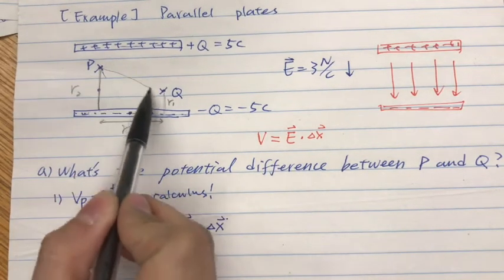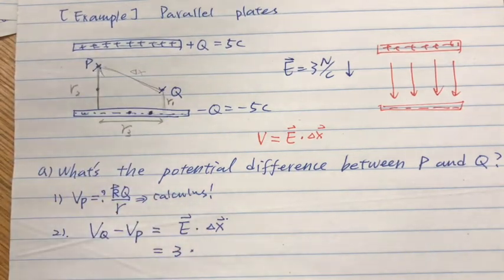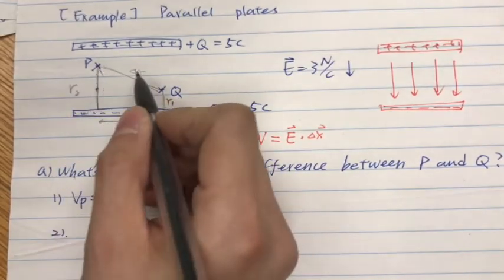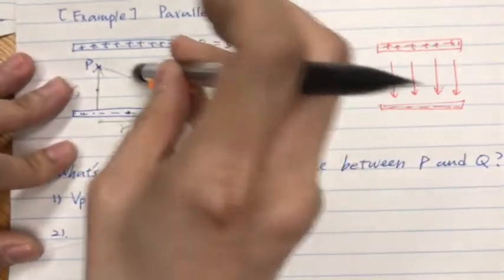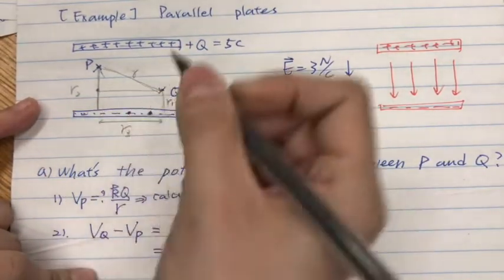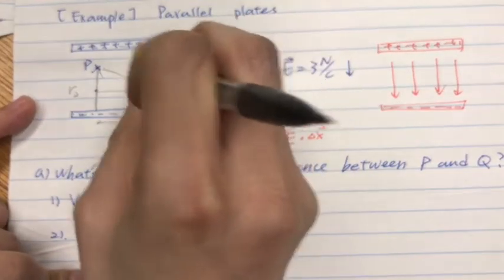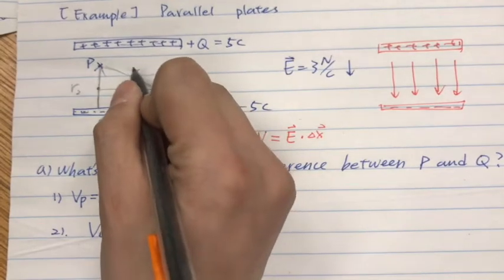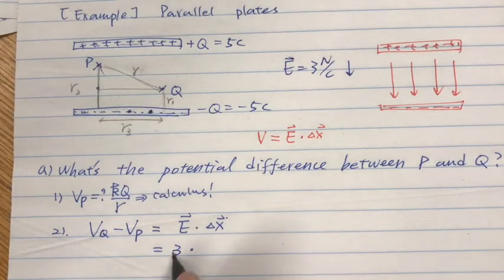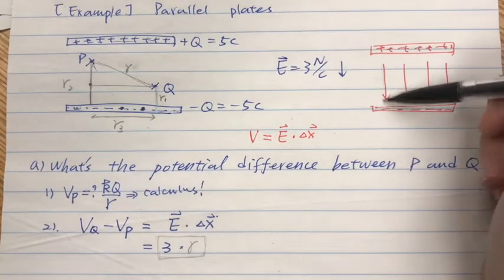Naively, you may think, oh, delta X is just this distance, let me just call this distance R, okay? And distance R can be figured out by these 3 variables, but I'm going to just call it R for simplicity. So you may think it's 3 times R. But this is not really true, because look at the direction of the electric field, it's going downward.